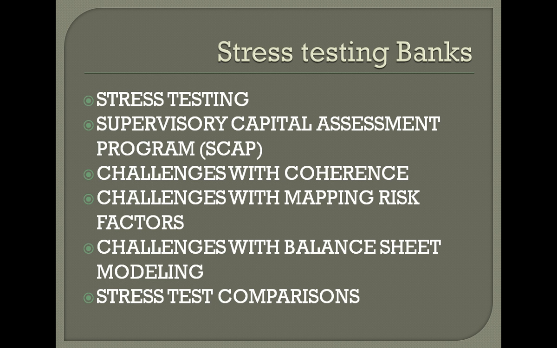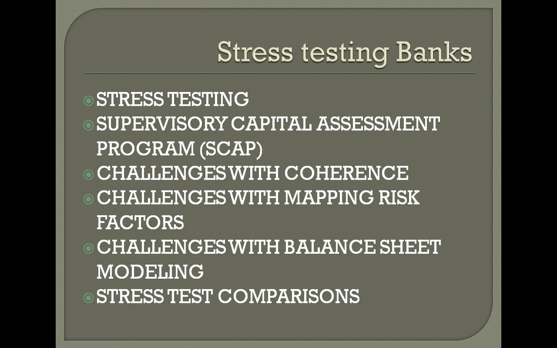It focused on specific bank products or business units, and now it focuses on the whole firm, so it's a comprehensive test. Before, it was typically focused on earnings shocks but not on capital adequacy, but now we are explicitly focused on capital adequacy. It focused exclusively on losses, but now we focus on revenues, costs and projected losses. Earlier it was static in nature, now it is path dependent, and a lot more dynamic.